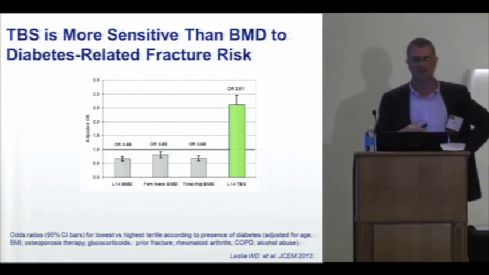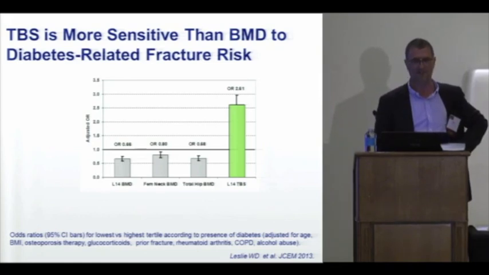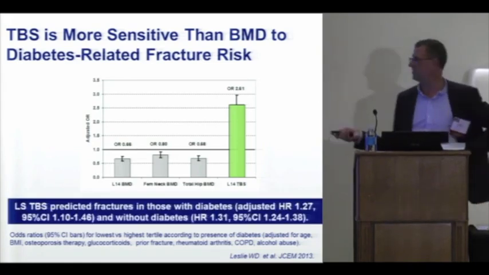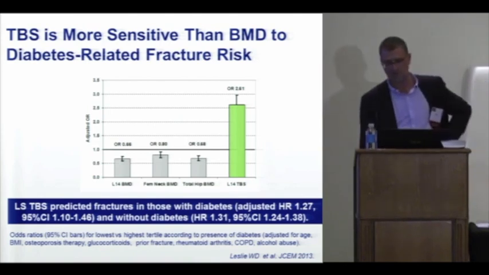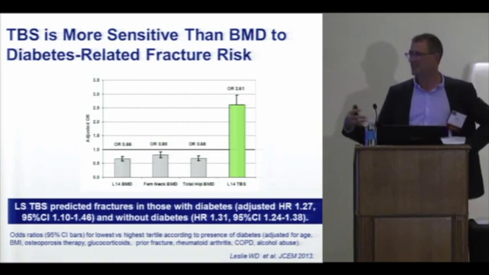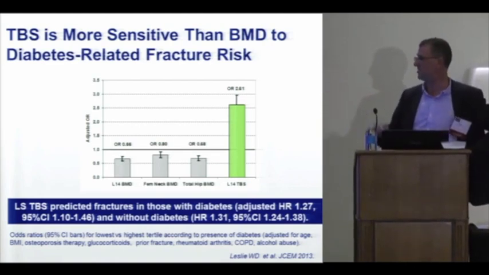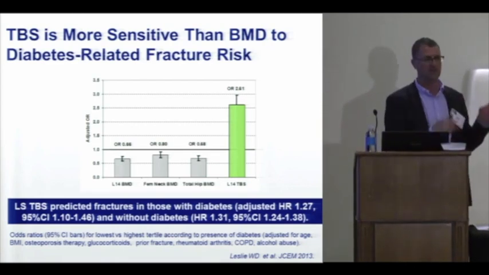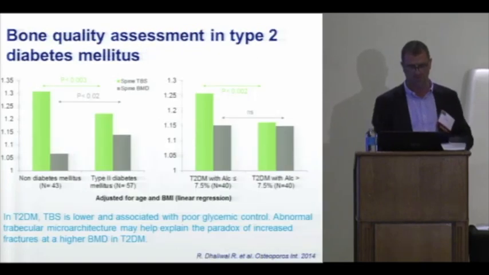I won't spend much more time, as John did that very nicely this morning, better than I can. But also the relationship with fracture: TBS in diabetic patients could predict the fracture, even though the BMD was also able to do that, but with the shift that was demonstrated this morning.